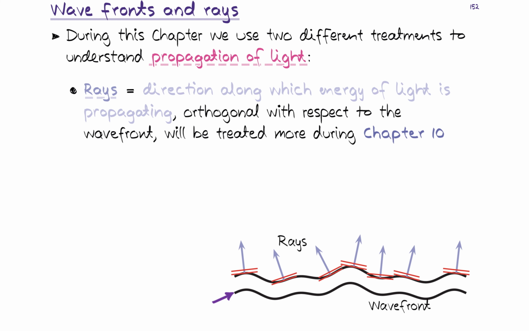In this wavefront, the phase is a constant valued quantity, and then we imagine how this wavefront is propagating in space: we can imagine tiny rays of light that propagate straight ahead, and the direction of these rays of light will be defined as being normal with respect to the local wavefront here. So this is one picture of thinking of the propagation of light.